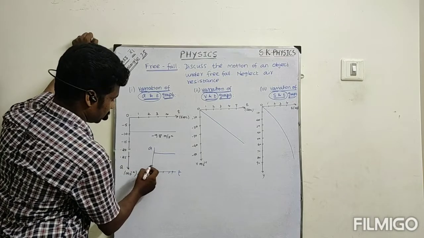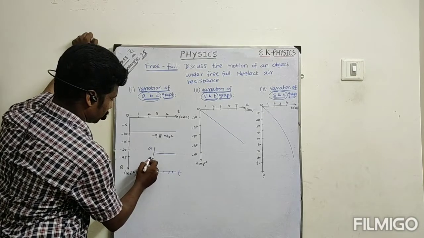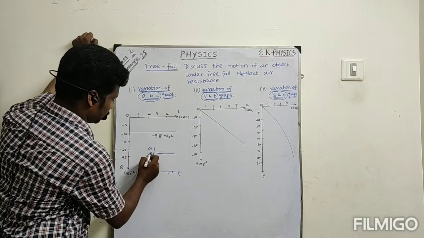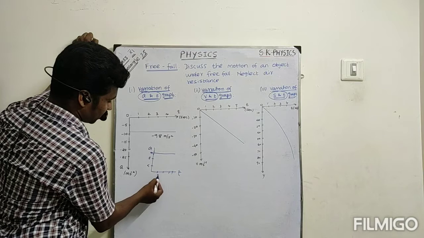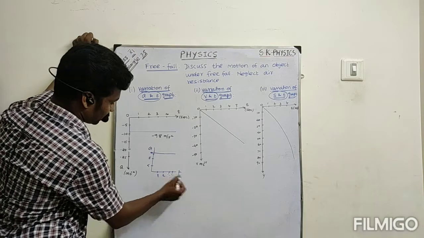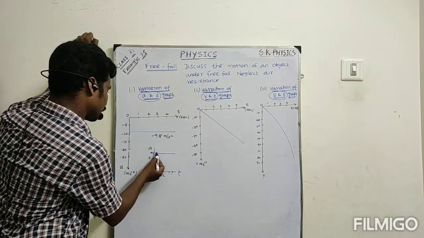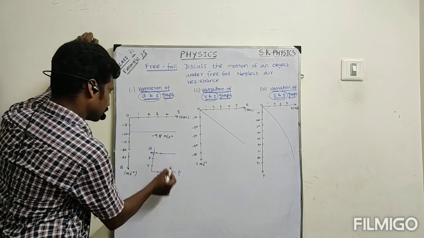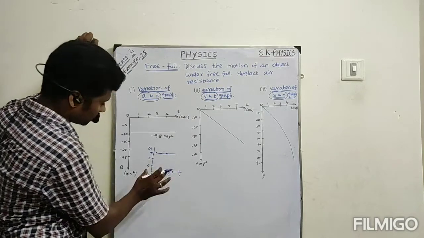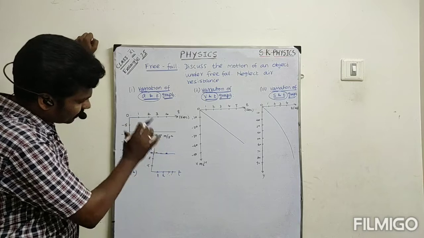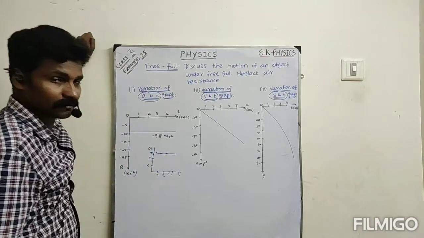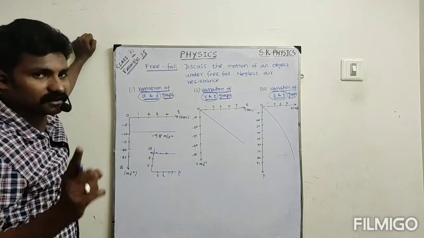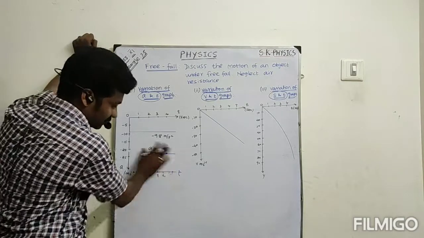But here, see, 9.8. Whatever the time value change, in the first second it is 9.8, the second second also 9.8, the third second also 9.8. So the a value, that is the gravity value, will not change with respect to time, because acceleration is constant. Okay, you understand this graph.